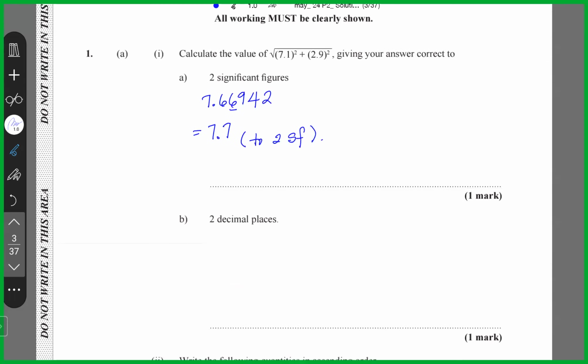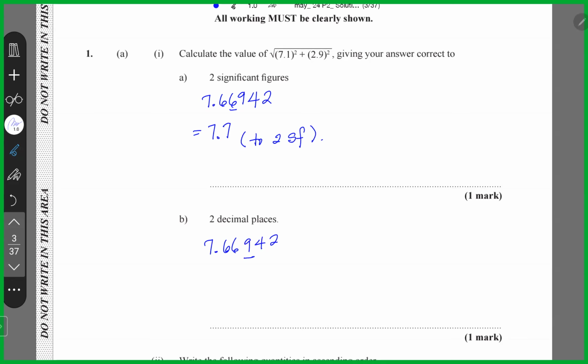The same number now, but to 2 decimal places. To write a number to 2 decimal places, I need to look at the digit that is the third decimal place. So this is the number. If I'm going to write this number to 2 decimal places, I have to consider the digit that is the third decimal place.